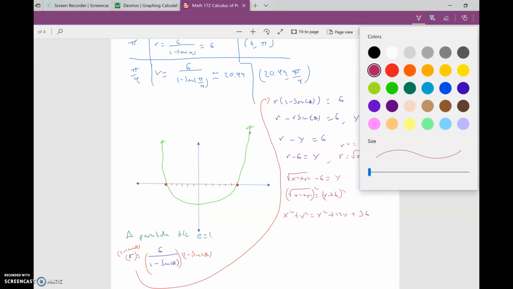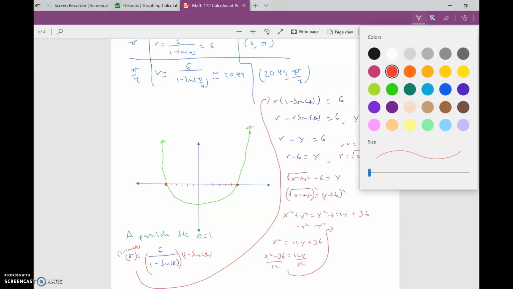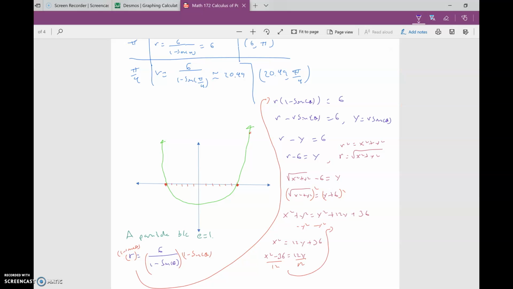And then if you subtract the actual y squares, this will give us x squared is equal to 12y plus 36, or x squared minus 36 is equal to 12y, and then divide by the 12. So you can now see the parabola. Let me rewrite it in purple. So y is equal to x squared over 12 minus 3.